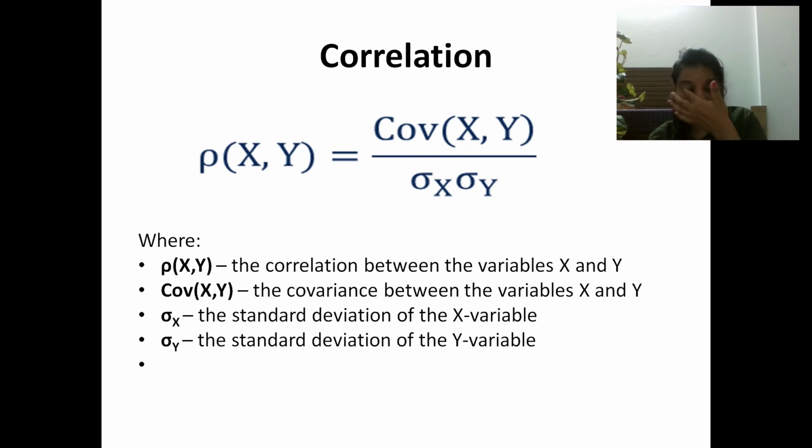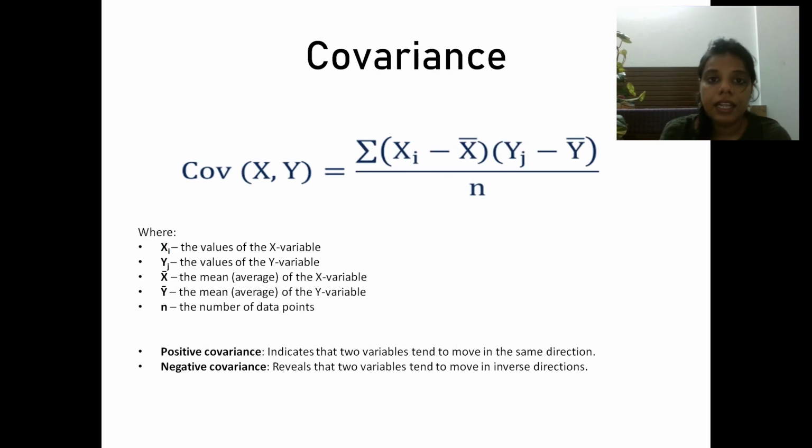This is the standard deviation of x and the standard deviation of y, which we already know how to calculate, right? So here's the formula of the covariance.